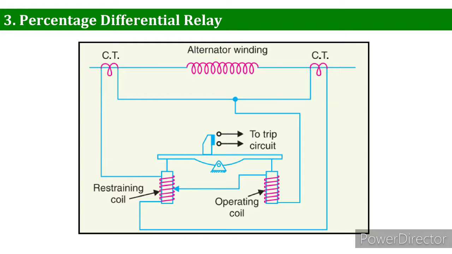When an internal fault occurs, the operating force exceeds the bias force. Consequently, the trip contacts are closed to open the circuit breaker. In this case, the bias force can be adjusted by varying the number of turns on the restraining coil.